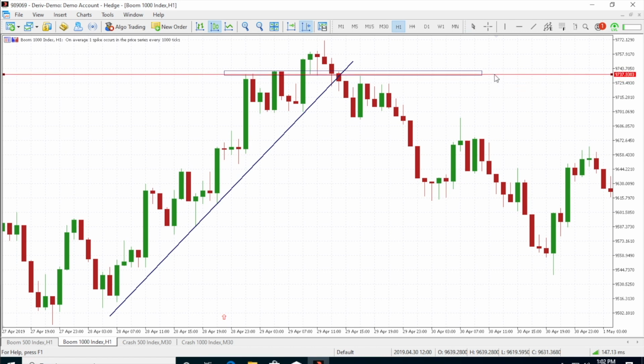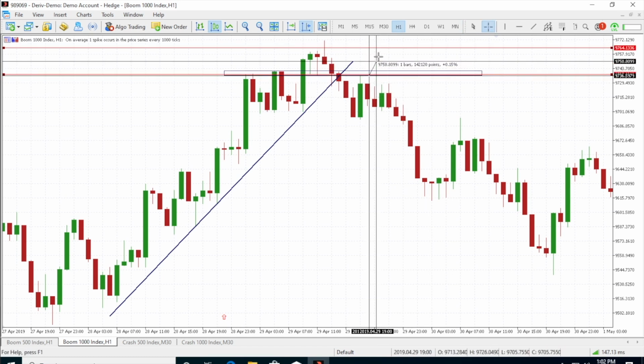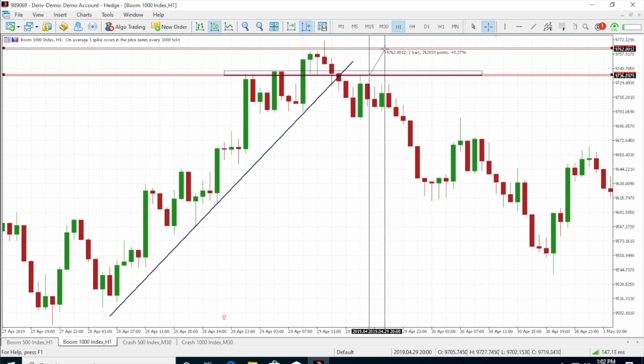Put your stop loss just above the rejections here, or measure the point if you have a small account, of course. Let's measure how much it is if you enter here. Okay, that will be $26 on 0.5.